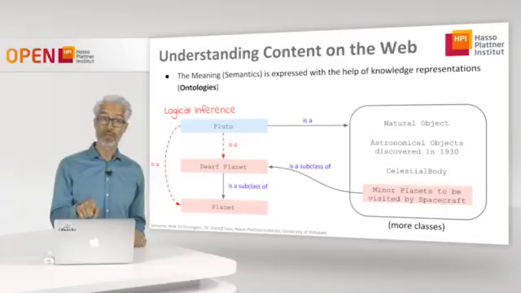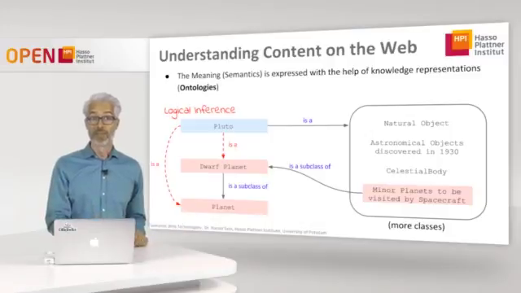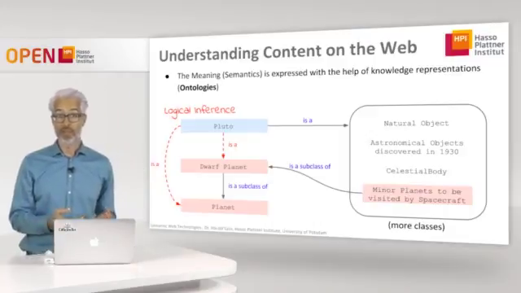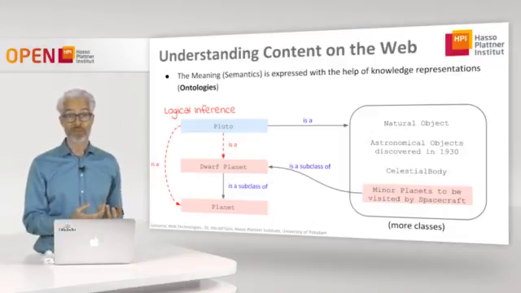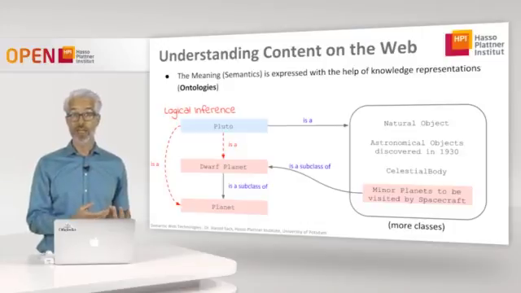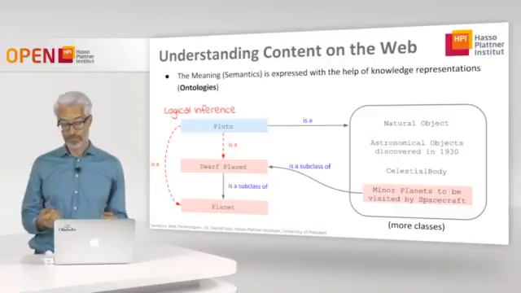Therefore, we can deduce that Pluto is also in the class planet. So class hierarchies enable logical inference. I can deduce new, hidden, implicitly available knowledge from the explicitly available knowledge. That's quite nice.